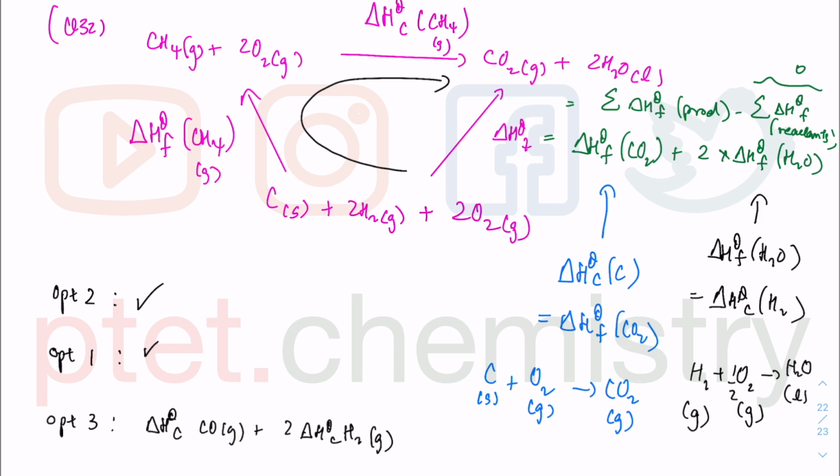However, we cannot accept this as equivalent to this expression, because when you talk about the combustion of CO, how can I say this? CO essentially is a result of incomplete combustion, and you don't have CO in this equation at all, so you can't incorporate this into here.